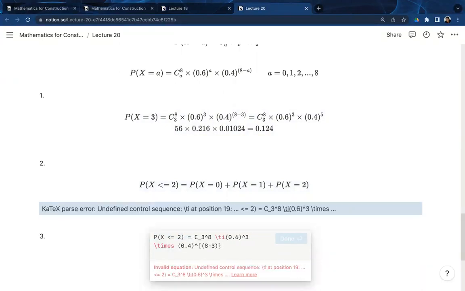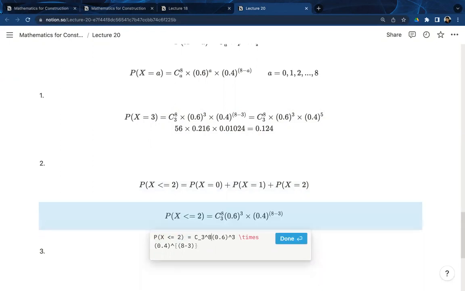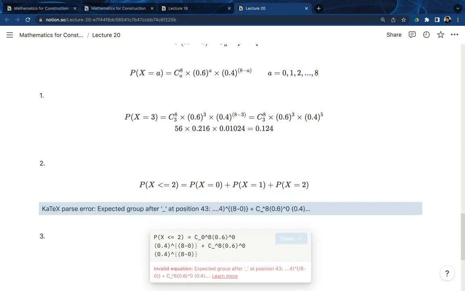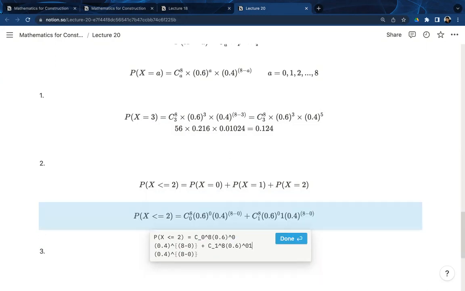So I'll take out the times and just write it like this. So 0 for 0, A would be 0, so the lower bound is 0. P is 0 and 8 minus 0. Plus, where's the correspondent for 1? 1 is here, 1 is here, and 1 is here.